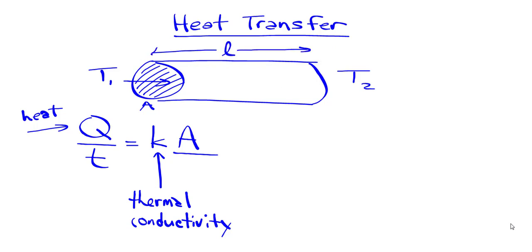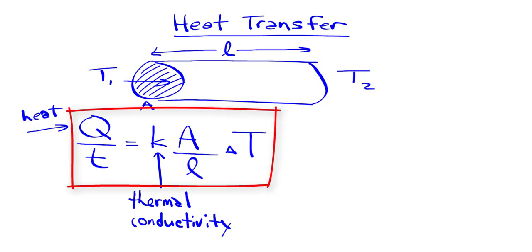So the further it has to go, the less the rate of heat transfer. Possibly the most important thing that affects this is the temperature difference from one end to the other, which we'll write as delta T. So the bigger the temperature difference, the faster heat will flow through the material. So this is the equation that we're going to be using in this video.